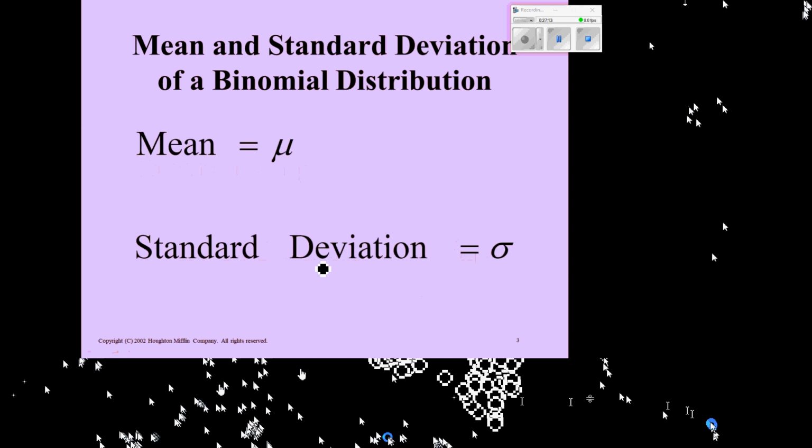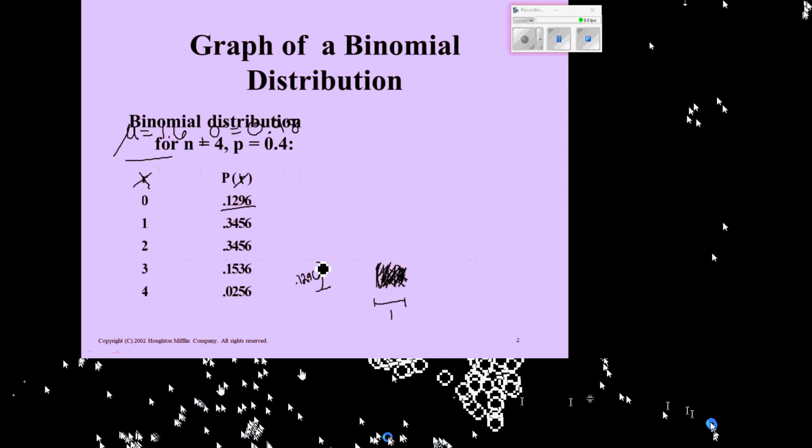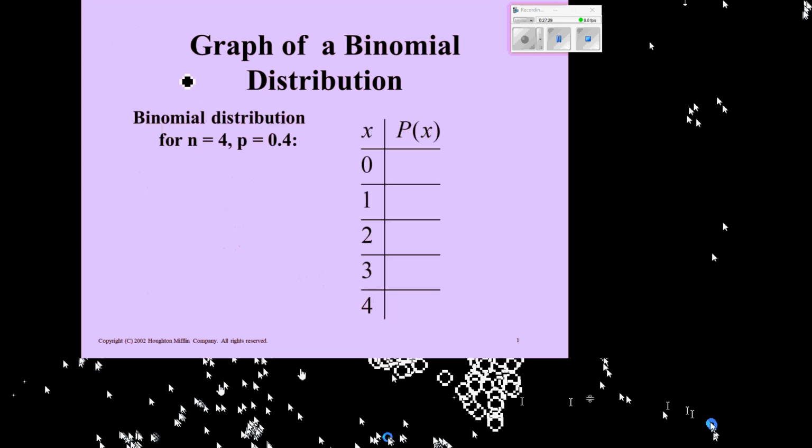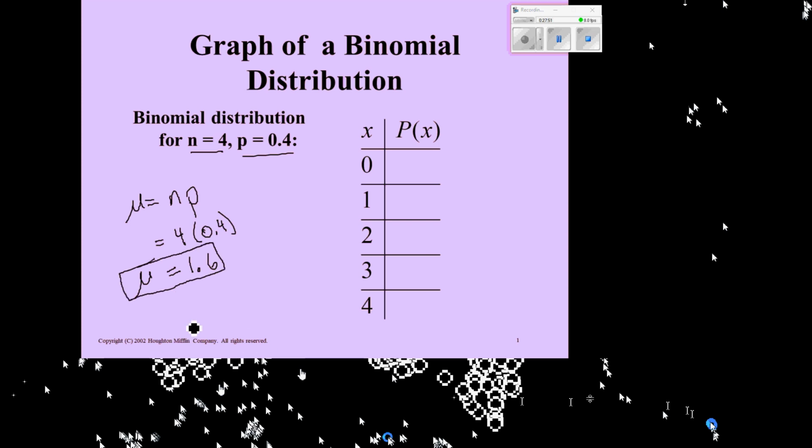So let's go back for a second. We had looked at this one, right? Our N was 4. What was our P? So my mean is just N times P, which is 4 times 0.4, which tells me the mean of this probability distribution is 1.6.